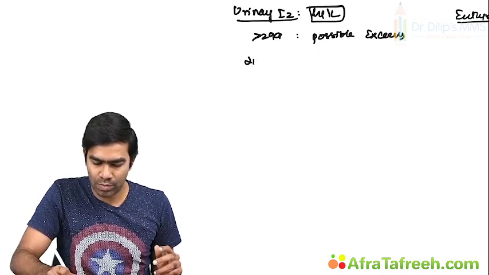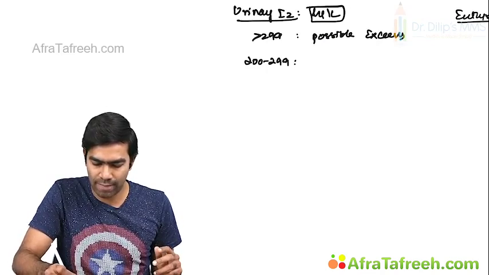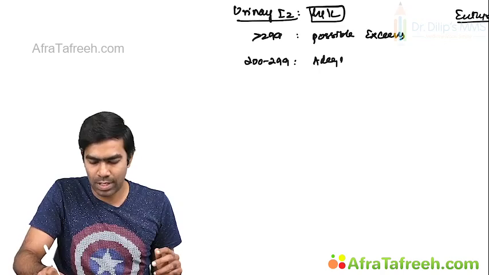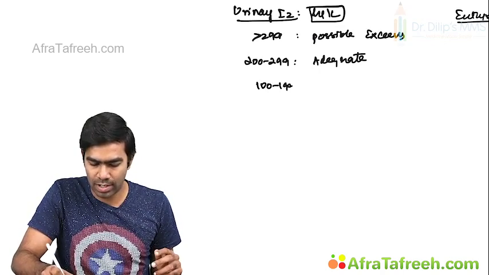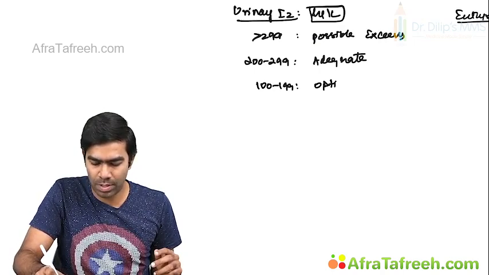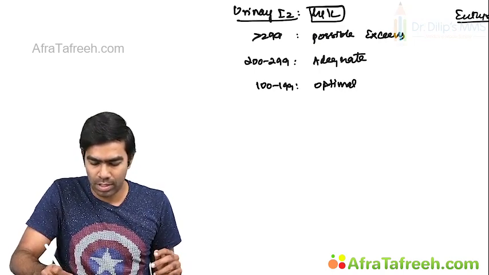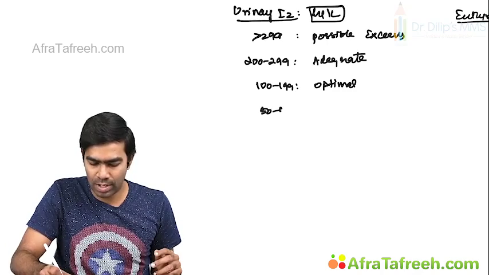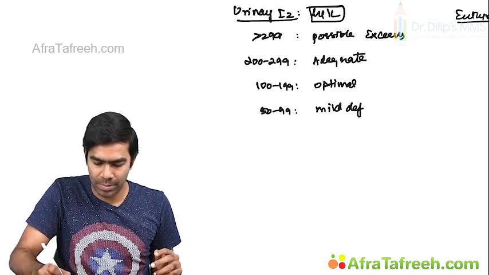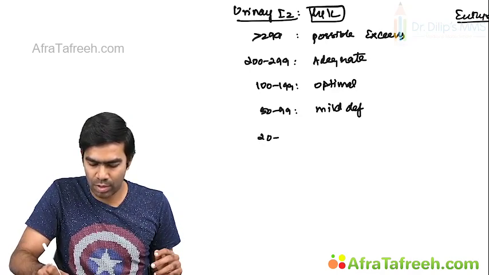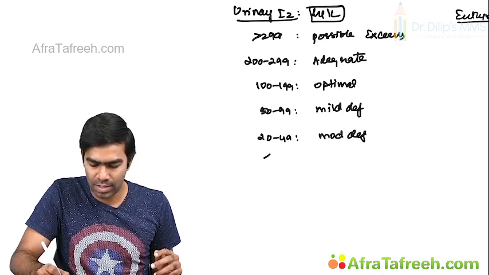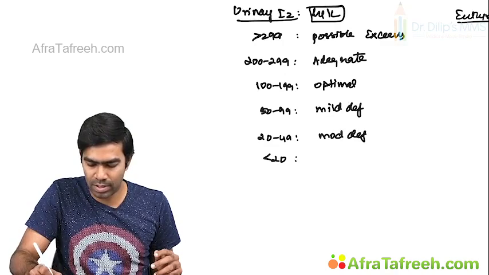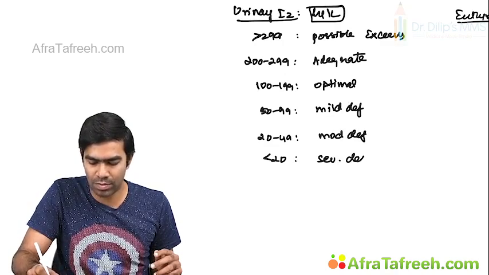If it is in the range of 200 to 299, it's adequate. If it is in the range of 100 to 199, it is optimal. If it is 50 to 99 micrograms per liter, it is mild deficiency. If it is 20 to 49 micrograms per liter, it is moderate deficiency. And if it is less than 20 micrograms per liter, it is severe deficiency of iodine.